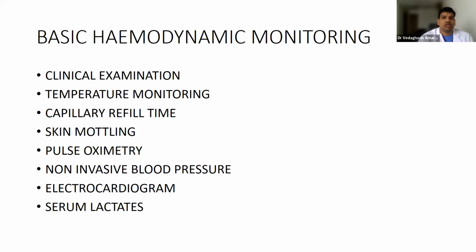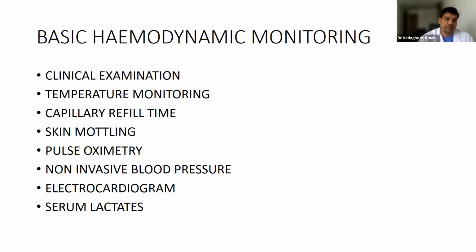So what is hemodynamic monitoring? After the resuscitation, how would you monitor your patient? There are many basic hemodynamic monitorings. You can use clinical examination of the patient, like monitoring the sensorium, heart rate, respiratory rate, and urine output of the patient. All these come under clinical examination.